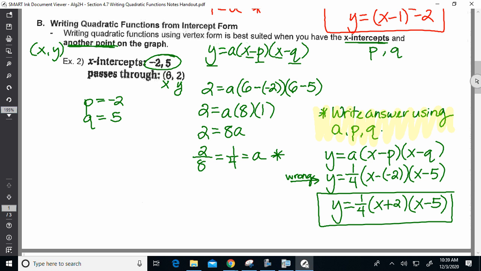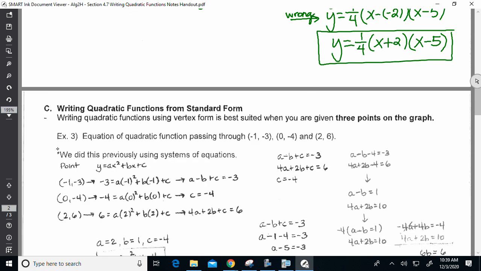So we've done 2 of the quadratic forms now. The only one that's left is standard form. Let's go to standard form.